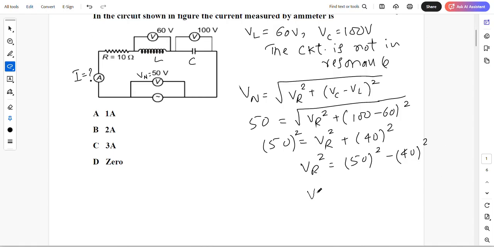How to calculate this, I have told you in the previous videos. Vr is equal to the square root of 5 into 10 the whole square minus 4 into 10 the whole square.